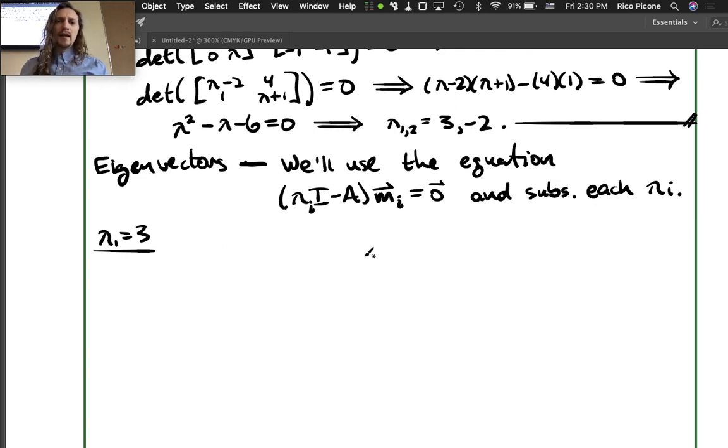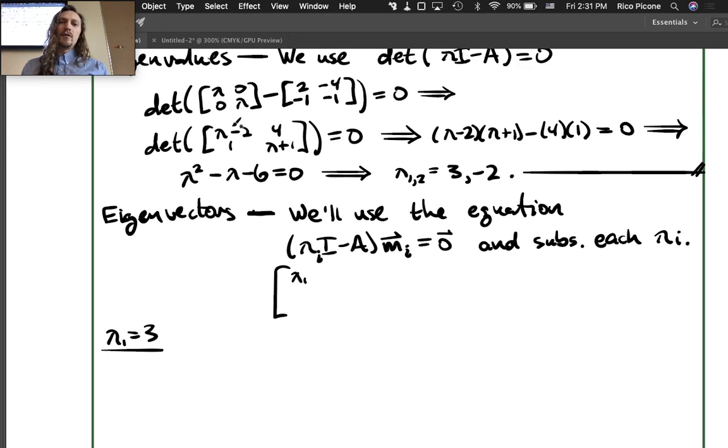We can plug that into this formula, and in fact, I'm going to write it out in the general form, just so that we have that in our minds. So lambda I minus A we already computed up here, right?